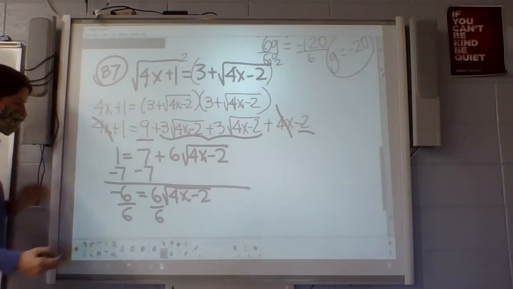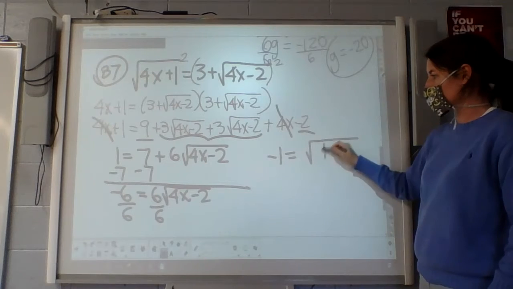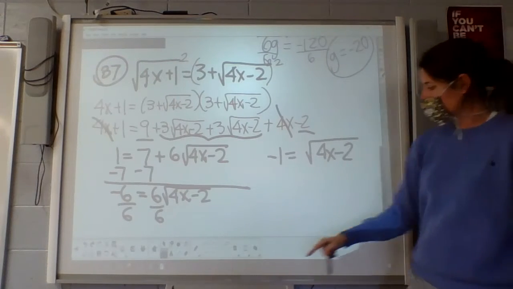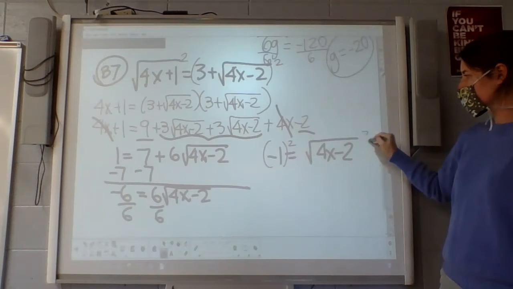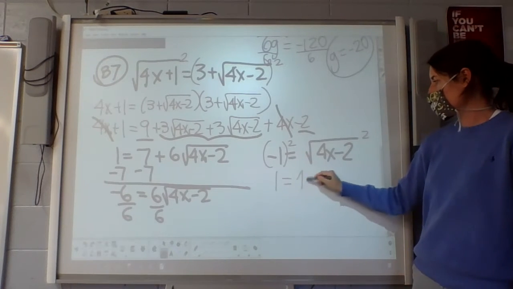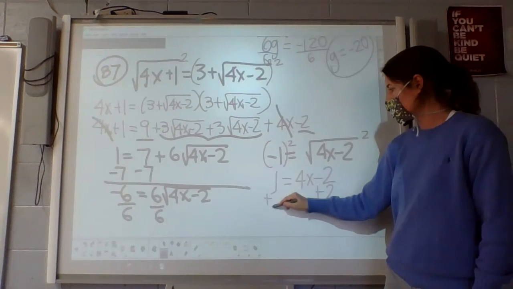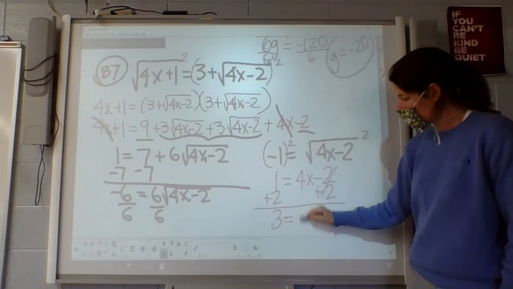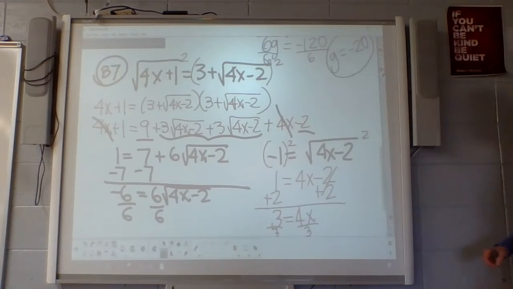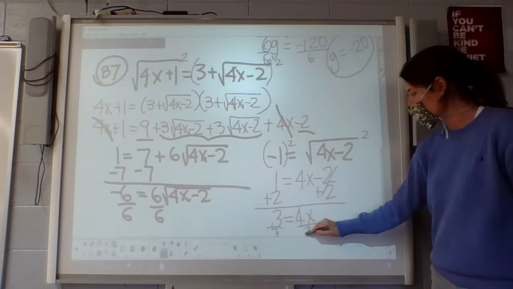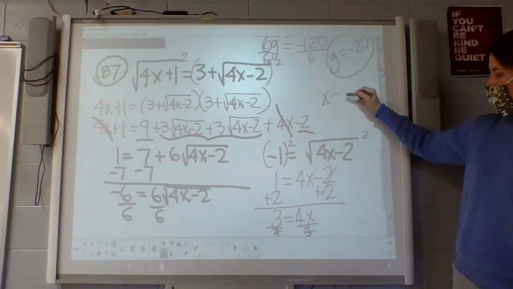So we get a negative 1 equals square root of 4x minus 2. So now I'm ready to square each side. Oh, this is bad. So this is 3, plus 4x. So we get, whoops, divide by 4, sorry. Do all the work right to the last step. So x ends up being 3/4.